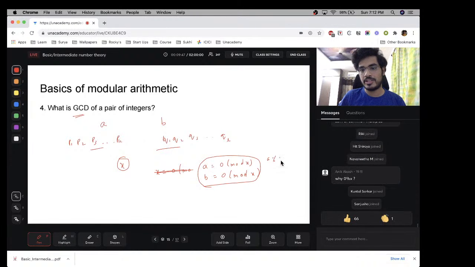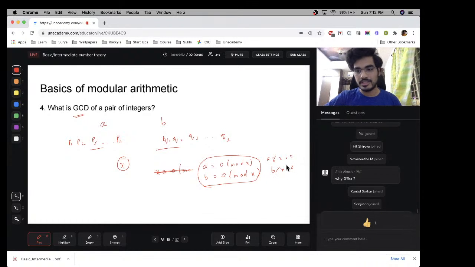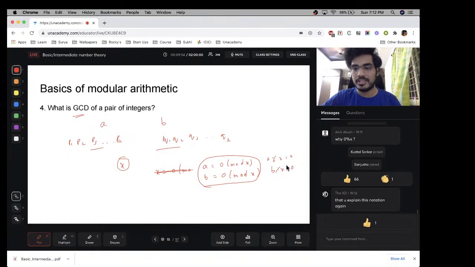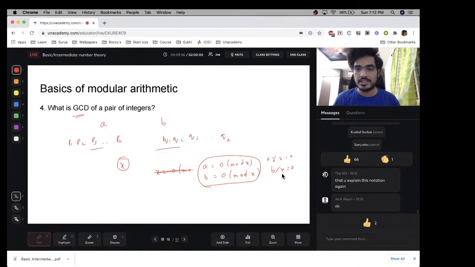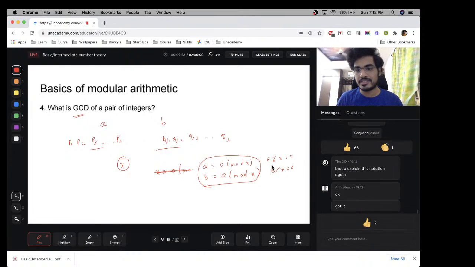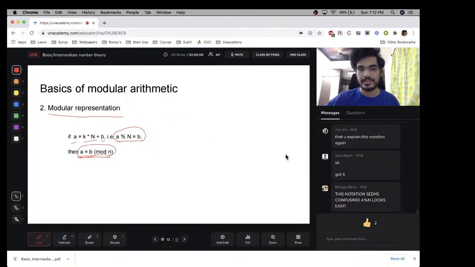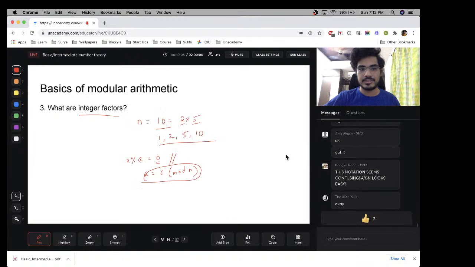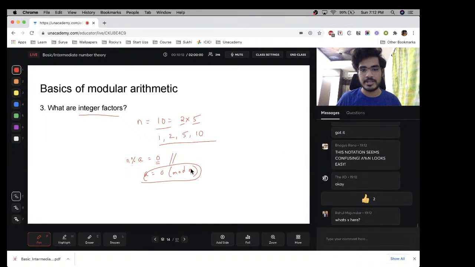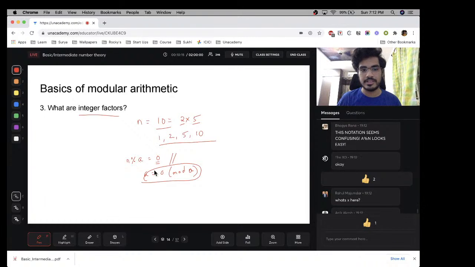Cool, got it. This notation is just simple: a mod x is the remainder you get after dividing by x. I think I made a mistake here. It's n mod a equals 0.